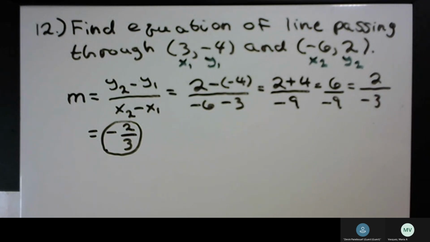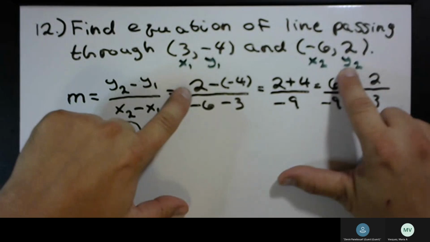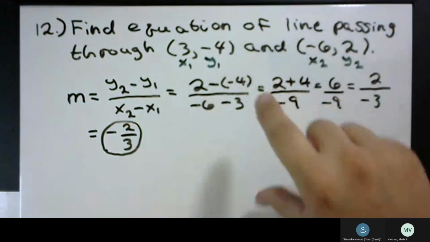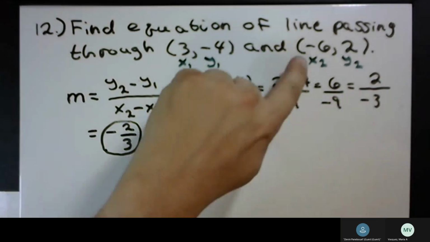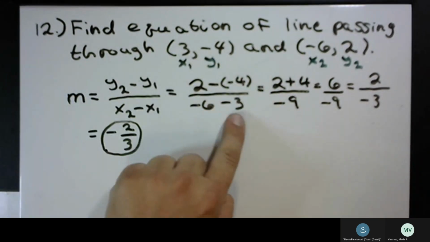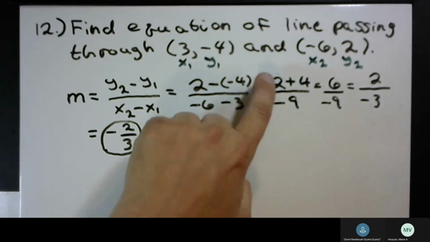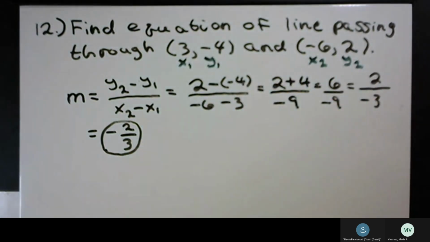So that's how we compute our slope. Our y2 is 2, y1 is -4, so we get a double negative that becomes a positive. x2 is -6, x1 is 3, 2 plus 4 is 6, -9, 2 over -3, or -2/3.